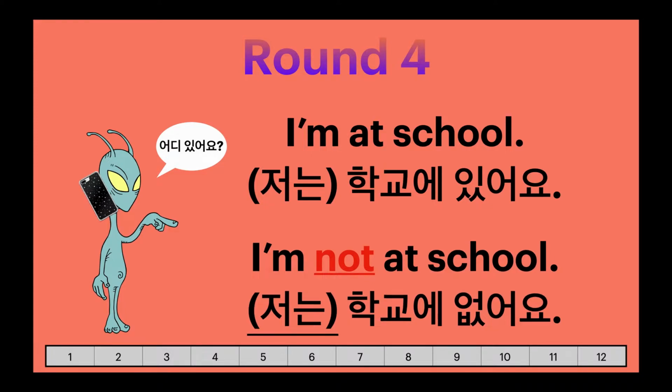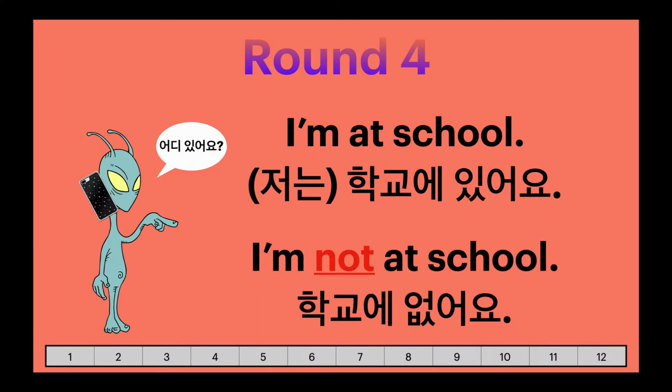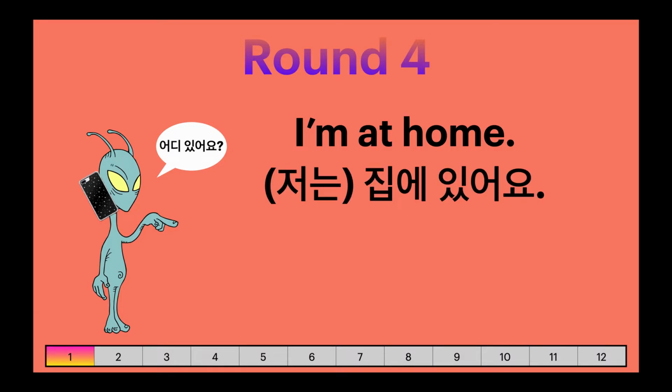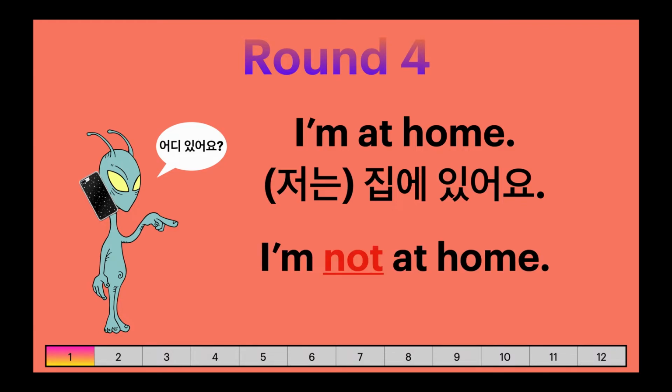And because we already said 저는 in the first sentence, we can just go ahead and leave it off for our second sentence. I'm at home. 저는 집에 있어요. Just kidding, I'm not at home. 집에 없어요.